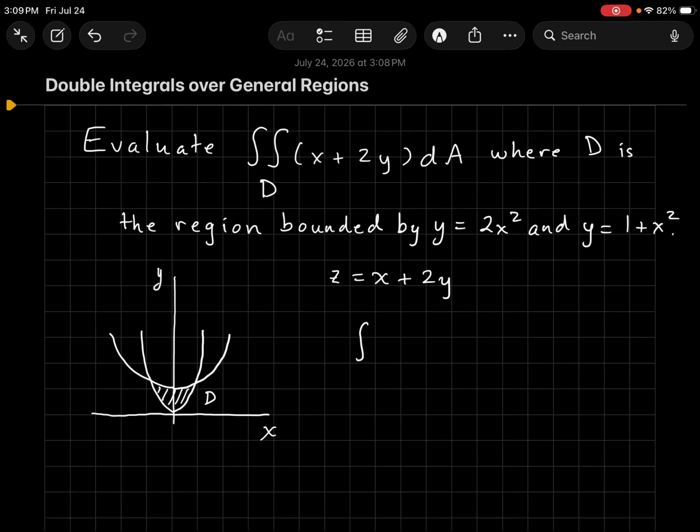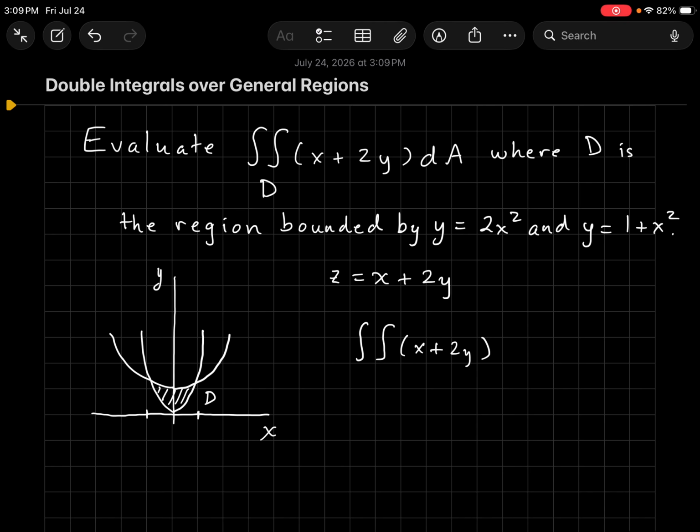Let's put our double integral down, and I'll put x plus 2y back in here. Now I have not decided yet which variable I want to integrate with respect to first, so I'm going to get a little bit more information. Let me put in the graph the intersection points.